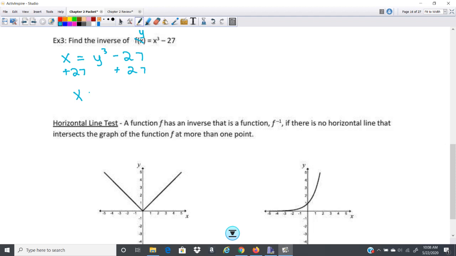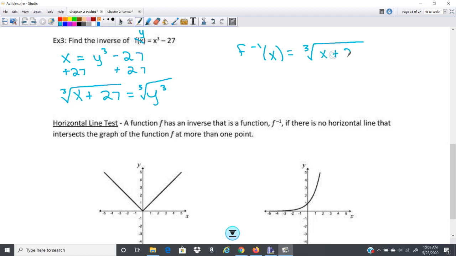That'll give us x plus 27 equals y cubed. To get rid of the cube, we're going to take the cube root of both sides. And we're going to get f to the negative 1 of x equals the cube root of x plus 27. Now I know 27 is a perfect cube, but this is connected to the x with the plus sign, so I'm not going to take the cube root separately there.